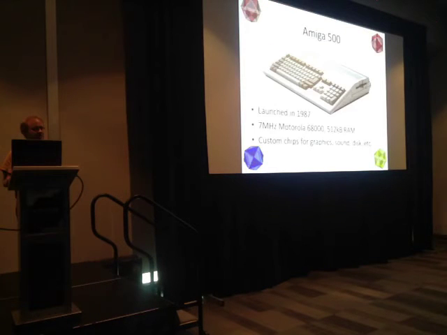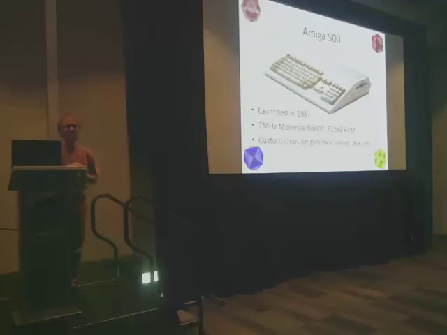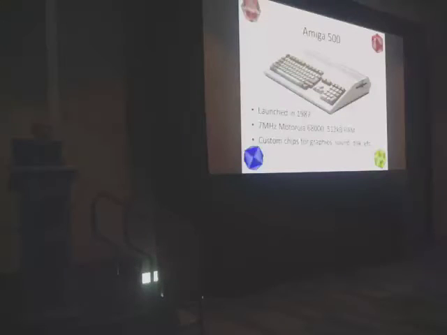So the machine that we're talking about here is the Amiga 500. Introduced in 1987. It was an extremely popular home computer back then, and probably the most popular demo platform in the early 90s. It had a 7 megahertz CPU.